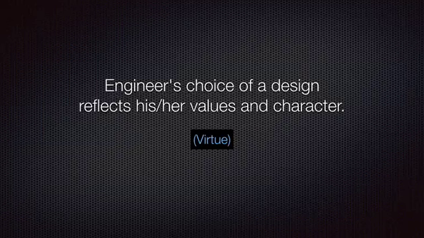So an engineer's choice of a design really does reflect his or her values and character. It's not morally neutral. Your choice of what you design, how you design it, how it's built, and the things we talked about in the previous chapter all reflect on you as an individual.